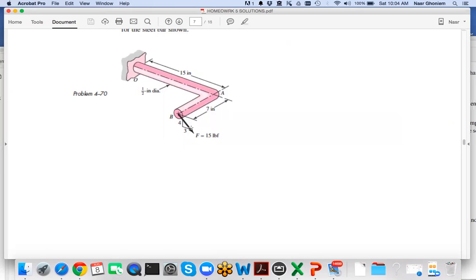What we need to do is divide the component into sections. We have a section OA and a section AB. In each section, we compute the stored elastic energy, and then we take the derivative with respect to the force, in the direction of the force, to obtain the displacement. So this is the general procedure.